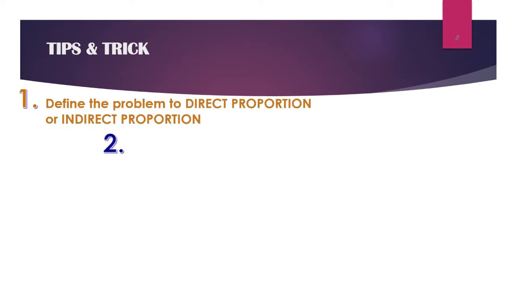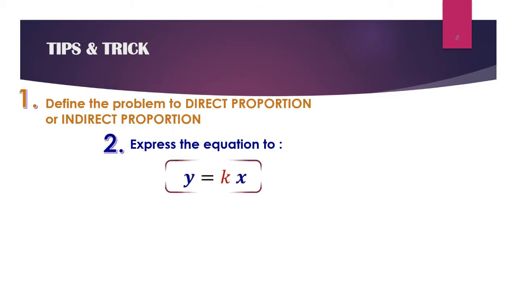Okay, students, I want to give you tips and tricks on how to solve direct and indirect proportion problems. Number one, define the problem as directly proportional or indirectly proportional. Number two, express the equation as y equals kx or y equals k over x. Number three, find the value of k.